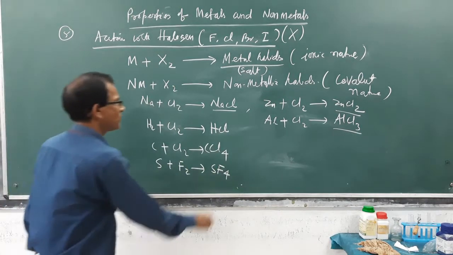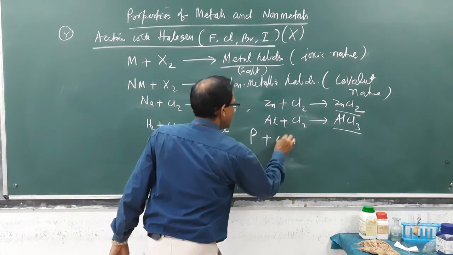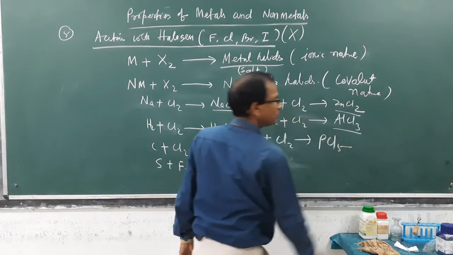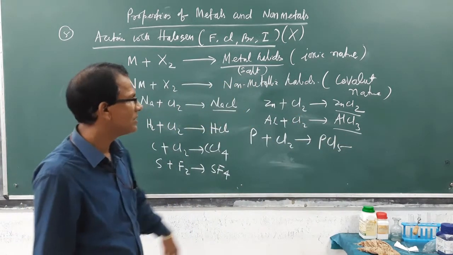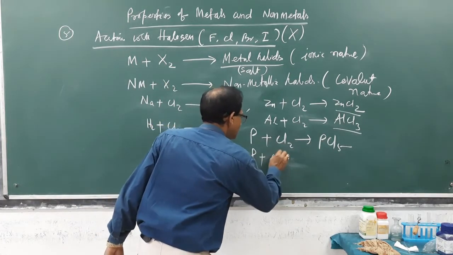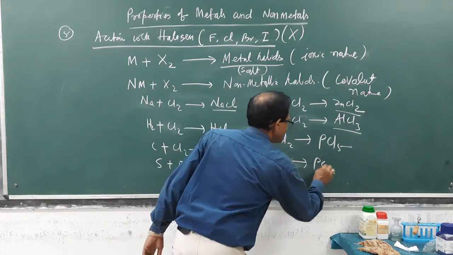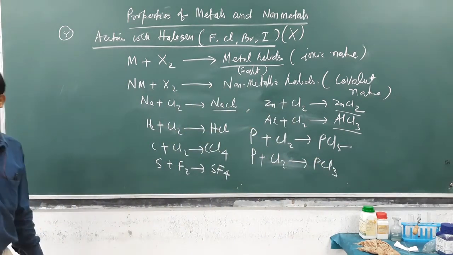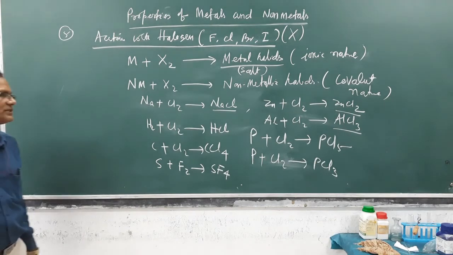Phosphorus with chlorine produces phosphorus pentachloride. Phosphorus with chlorine also produces phosphorus trichloride.